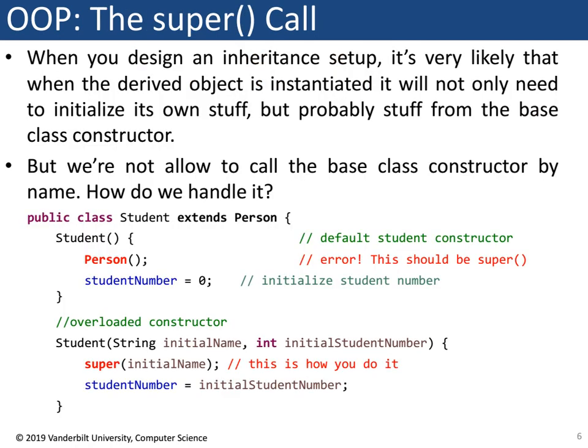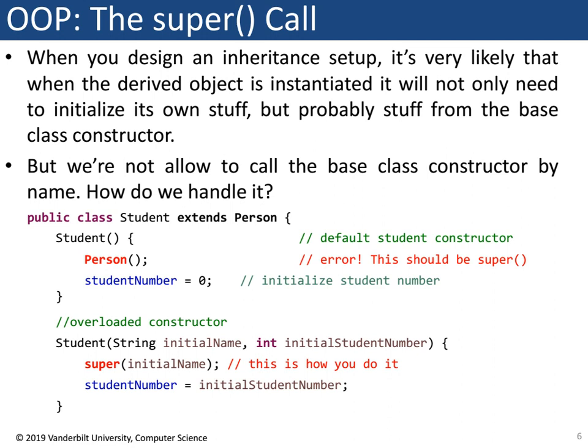So when we're designing an inheritance setup in a class, in the situation where we have student extends person, we're designing an inherited class called student, which inherits from person. We often need to use the constructor for the base class as well as this new class. So we can easily call the student constructor, but what if we need to call the constructor for this person class?